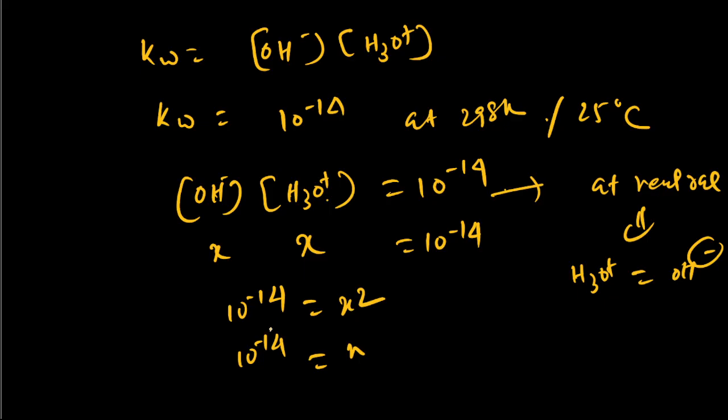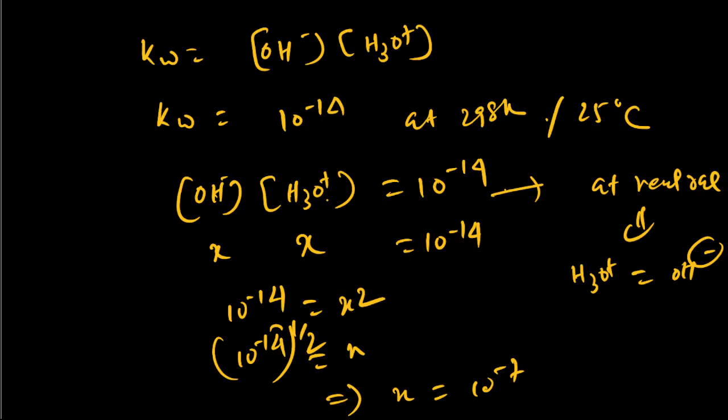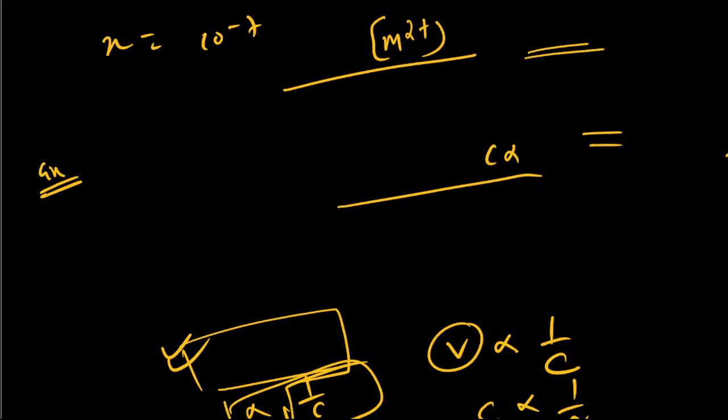Okay. So for x, we can write the power as 1 by 2. So x equals 10 raised to minus 7.